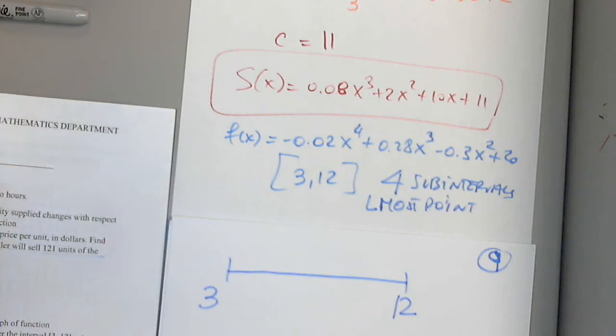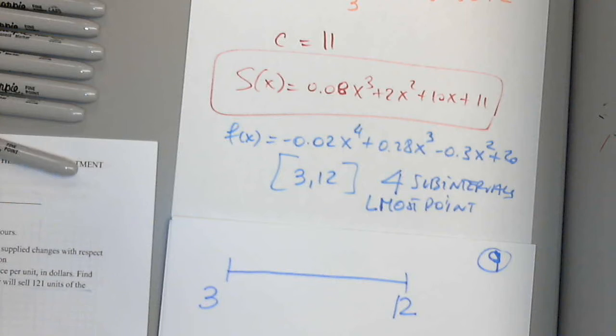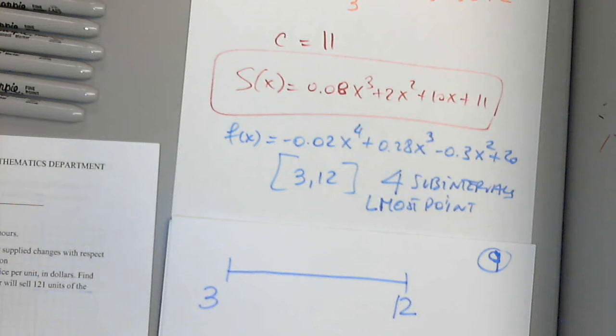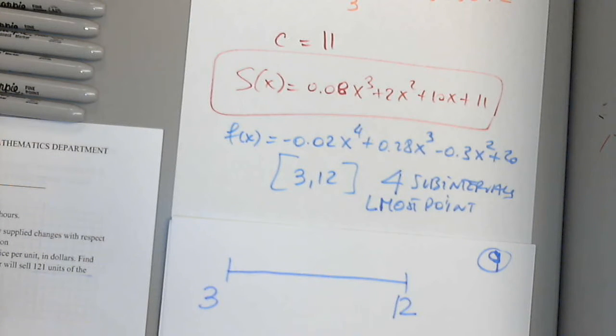Can anyone give us the width of any of those intervals? 3. So 3 times 4 will be 12, so I don't have the distance between 3 and 12 though. Right? So 3 to 12, 4 subintervals and the leftmost point. So delta x is 12 minus 3 divided by 4.